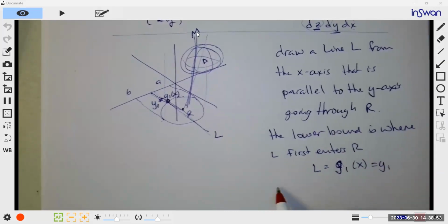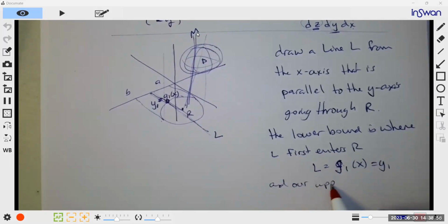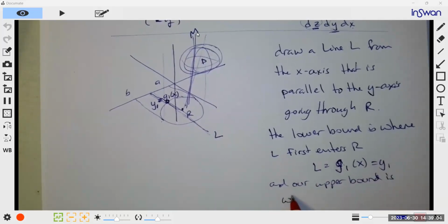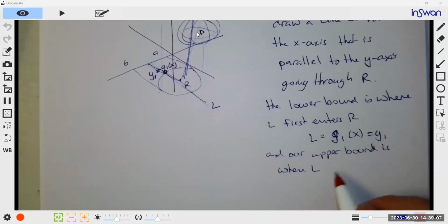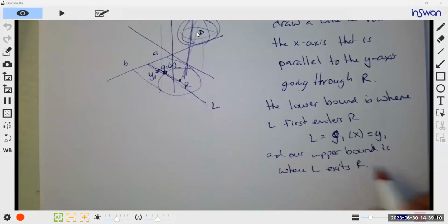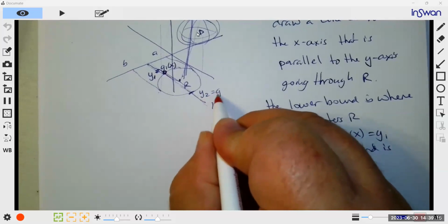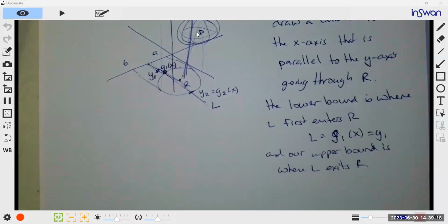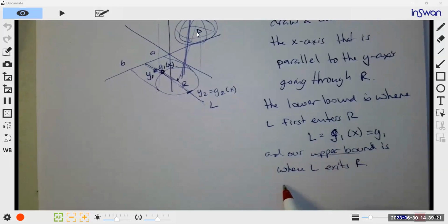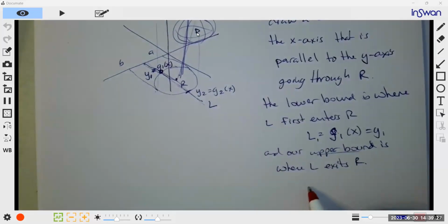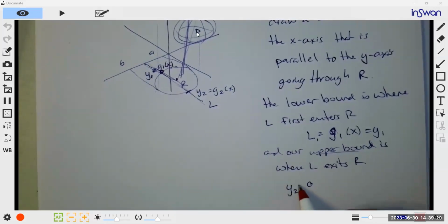That's Y1. And our upper bound is where L exits R. So this point here, that's Y2. So upper bound is where it exits. So as L moves forward, our Y2 is g2 of x.